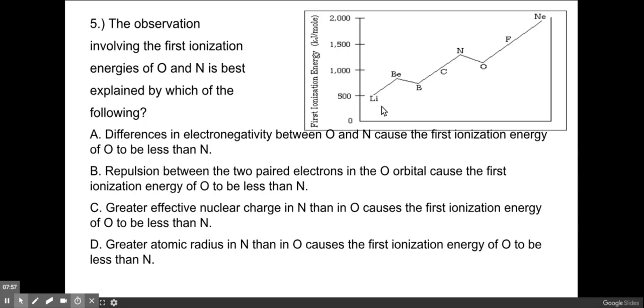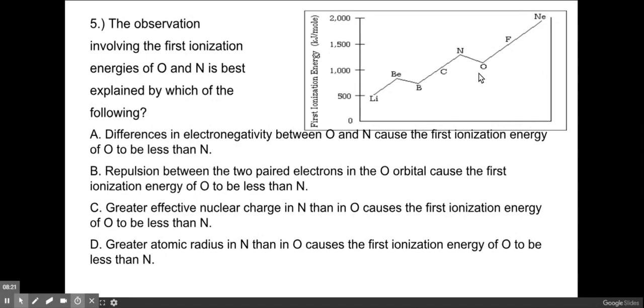And we said that for first ionization energies, those ionization energies increase from left to right across a period. So we can see that trend here. However, we have a couple of places where we have a decrease in first ionization energy, so we're going against the trend here, and that's what this question is really asking us.